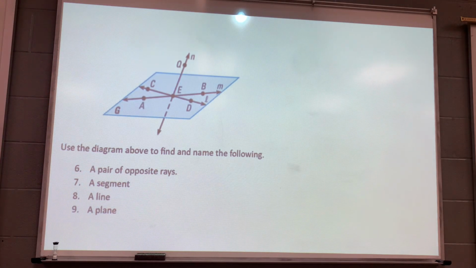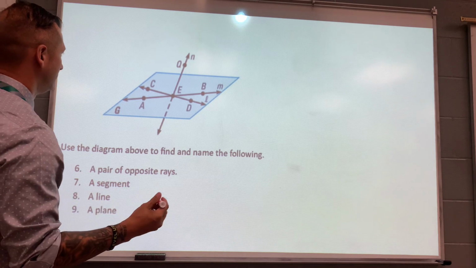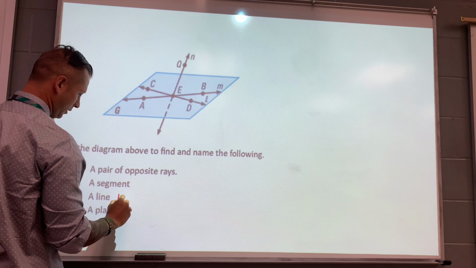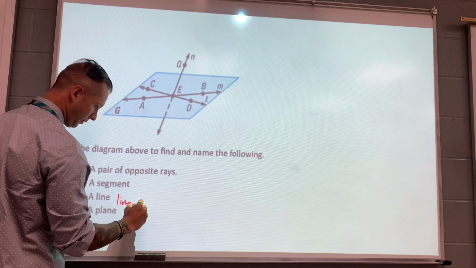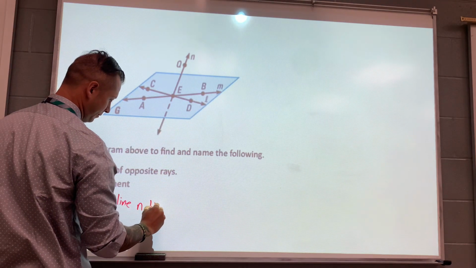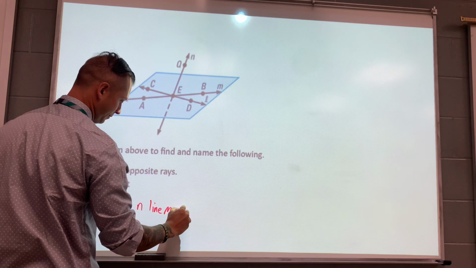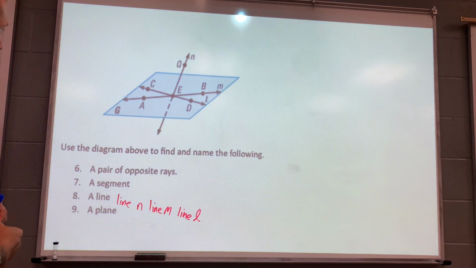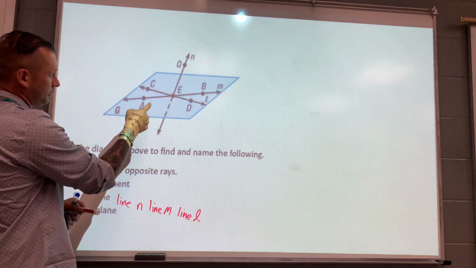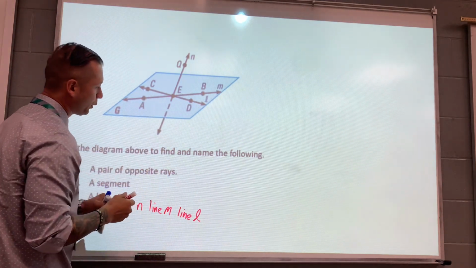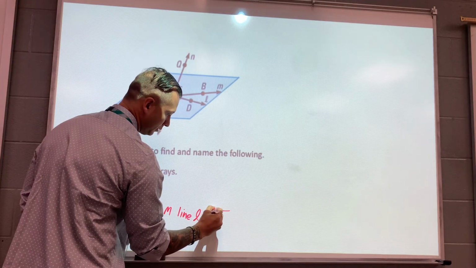All right, number 8, a line. Got a couple lines. So we have, starting off, line N. Notice how I'm writing line N, line M, line L. Now, I could use any of the segments that I just listed, but we would have to use the line symbol.